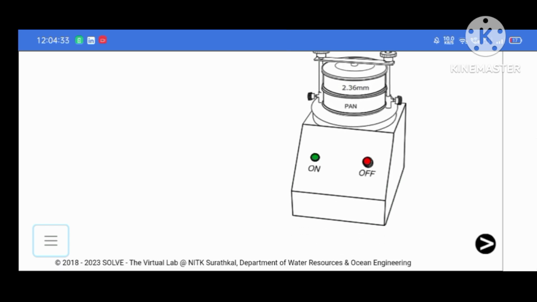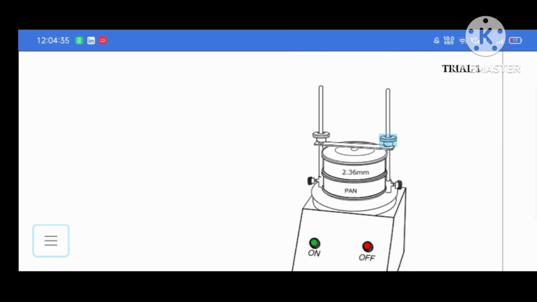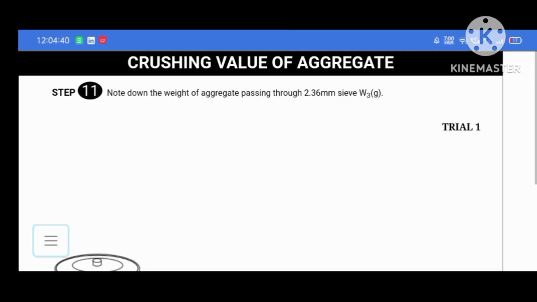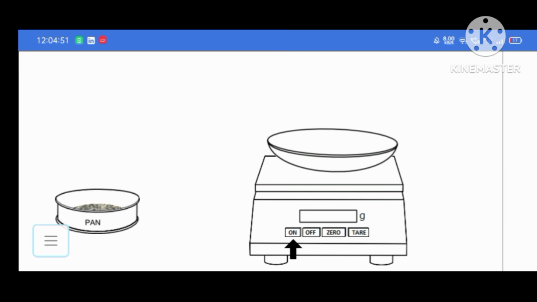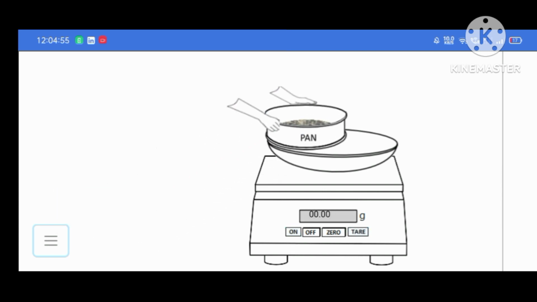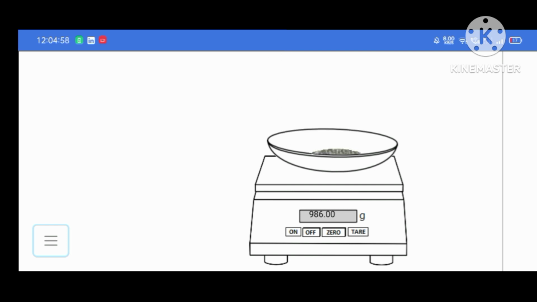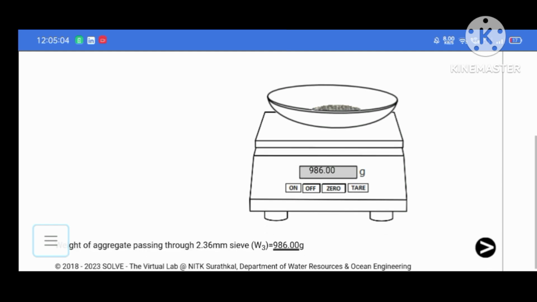Then go through the next slide, take it off, and note down the weight of the aggregate passing through the 2.36 mm sieve. That will be our W3. Take this weight, tare it. Now we have the weight on the pan. We are taking the sample which is passing through 2.36 mm. So it is 986 gram.